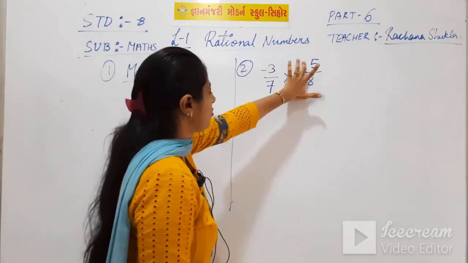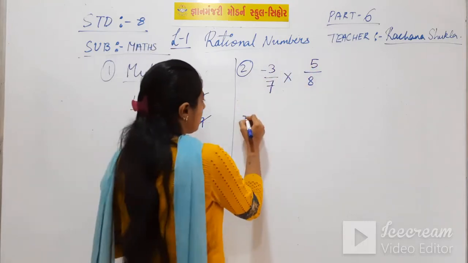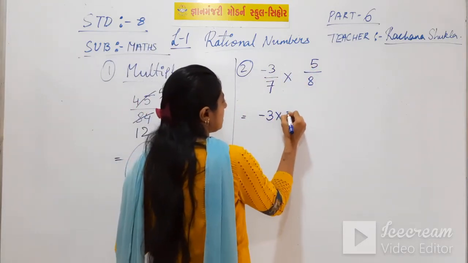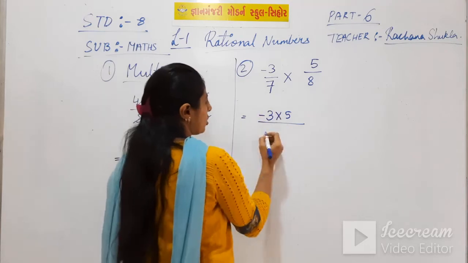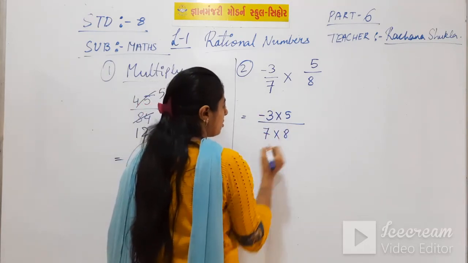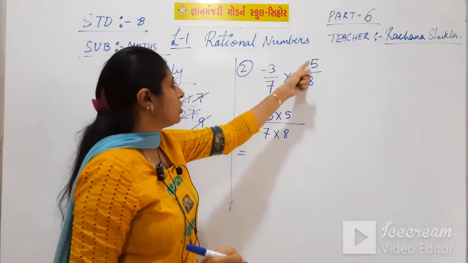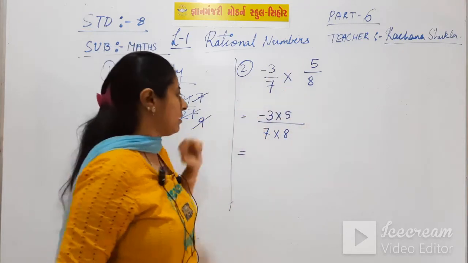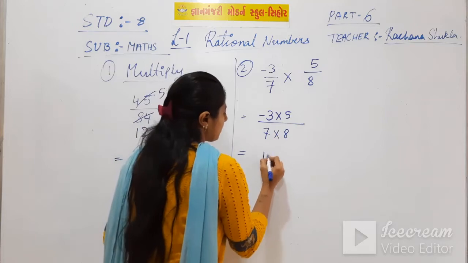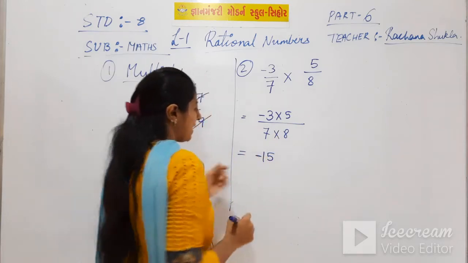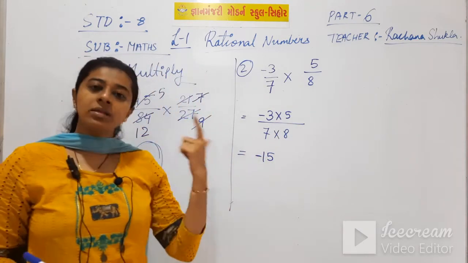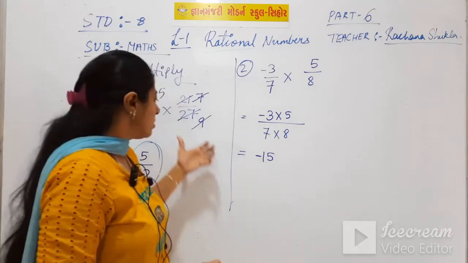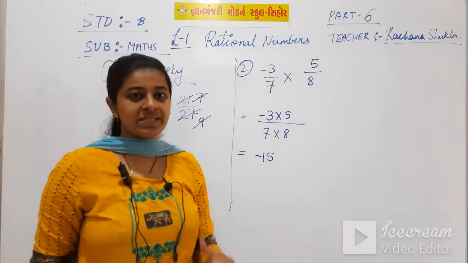So, we will have to directly multiply the numbers. That is minus 3 into 5 upon 7 into 8. Multiply the numerator with the numerator and denominator with the denominator. 3 5s are 15, but with a minus sign, negative sign. In the last part, I taught you the rules of multiplication signs.